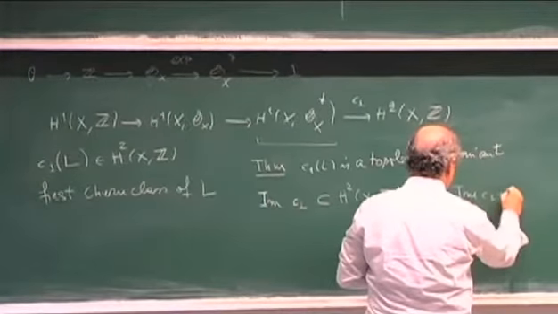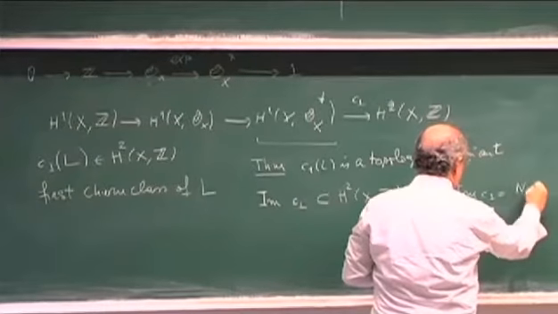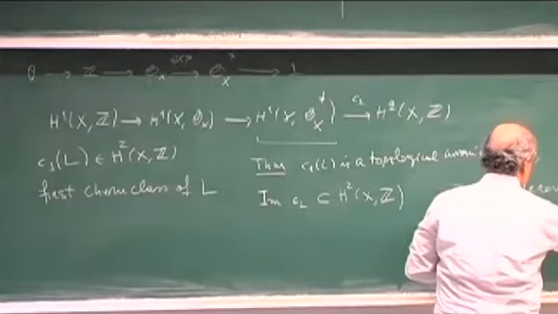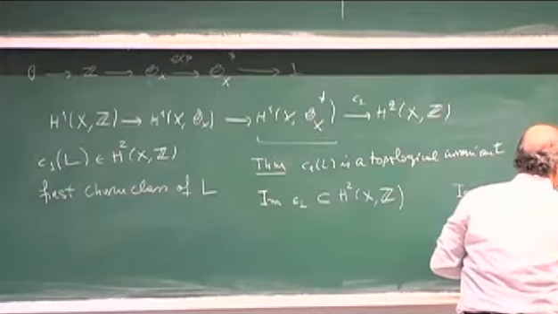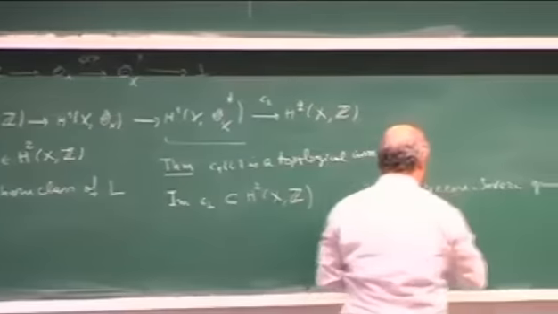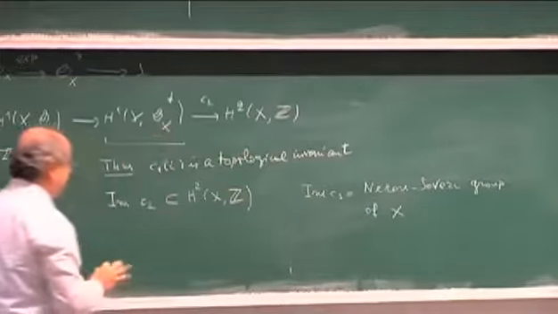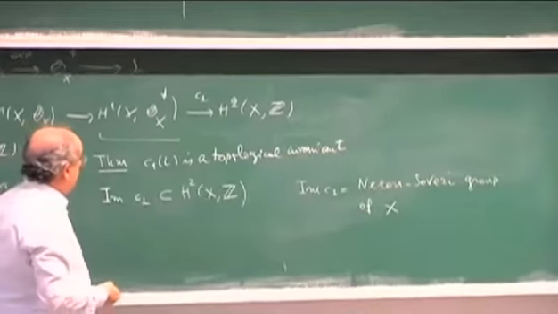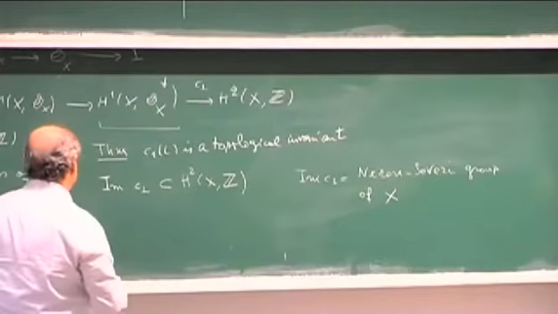This has a name. It's called the Néron-Severi group of X. In general, it's strictly smaller than this.